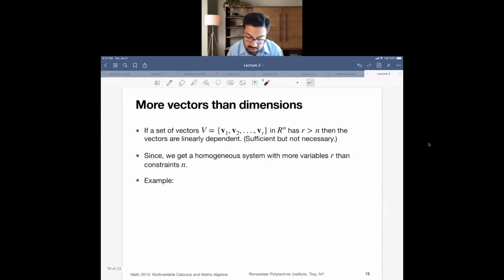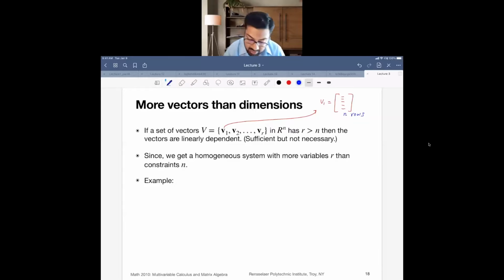Next, more vectors than dimensions. So in this case, we have a set of vectors v1, v2, and so on up to vr. So we have r vectors. Each of these vectors is in n-dimensional space, so Rn space, right? So essentially that means each of these vectors, you can say v1 will be a vector which has n rows, right?